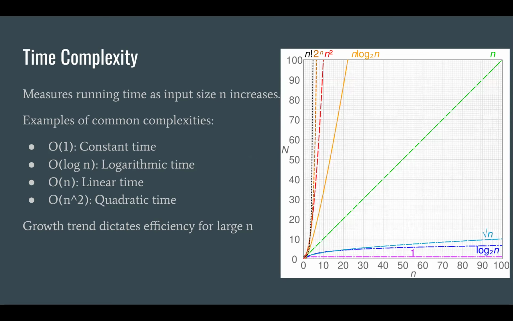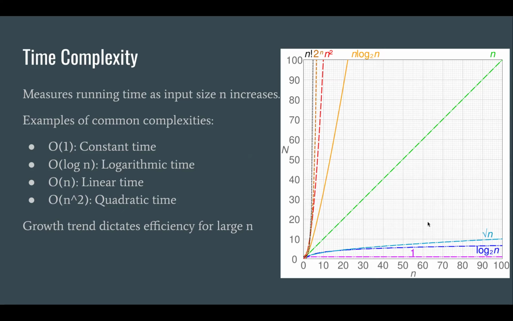Time complexity. Time complexity measures how the execution time of an algorithm increases as the input size grows. For example, accessing an element in an array takes the same time no matter how large the array is. So this is O(1).